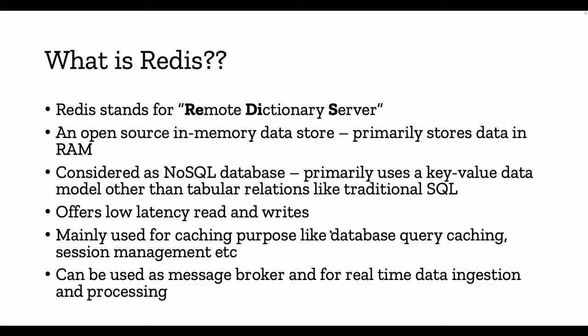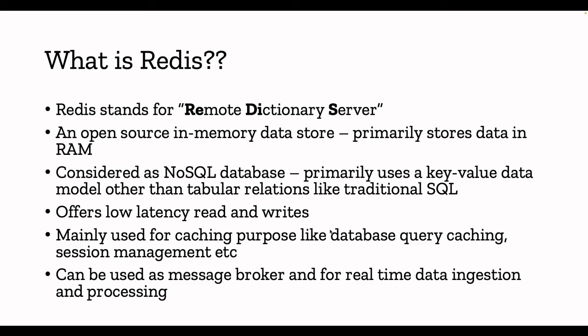It offers low latency reads and writes. As I already mentioned, since Redis stores all the data in RAM, it can offer low latency reads and writes. Redis is mainly used for caching purposes like database query caching and session management. For database query caching, for example, you have a huge SQL database with billions of parameters, and you want to query a few million rows or a few thousand rows.